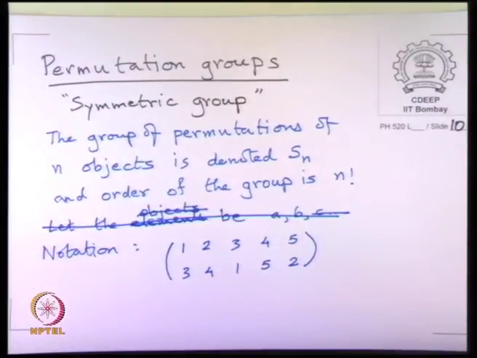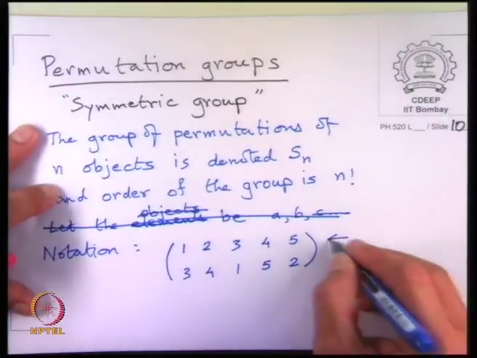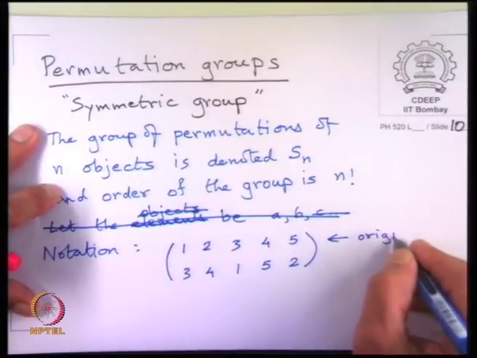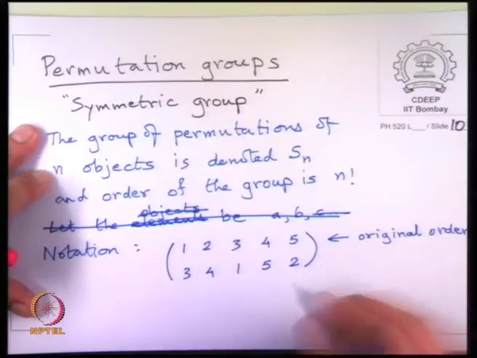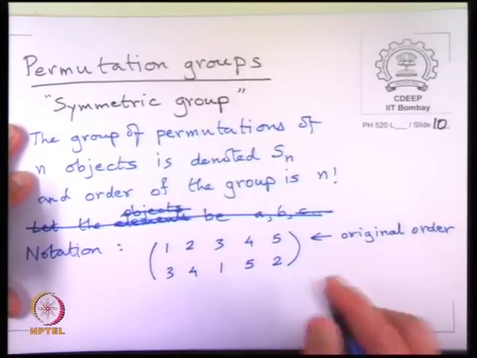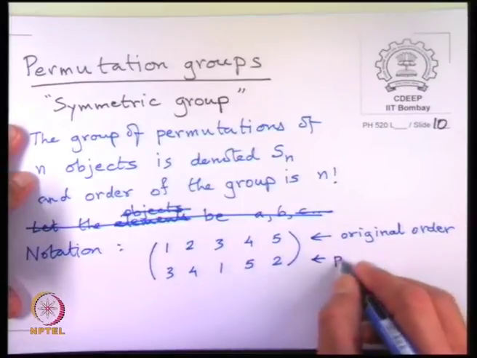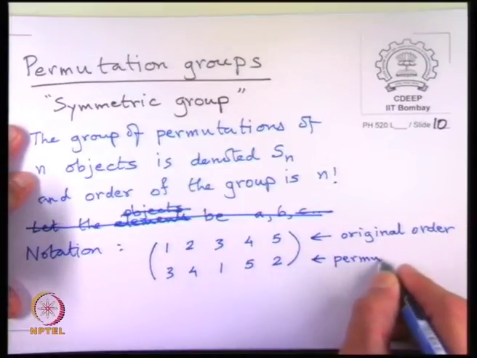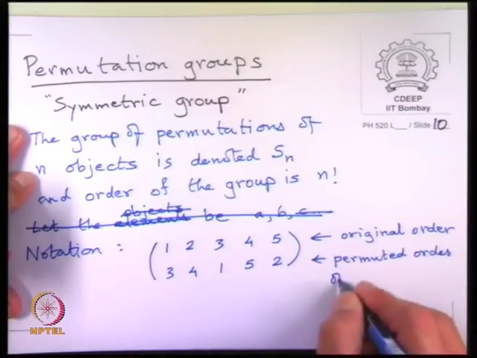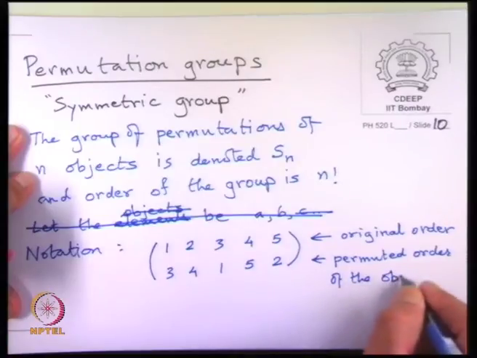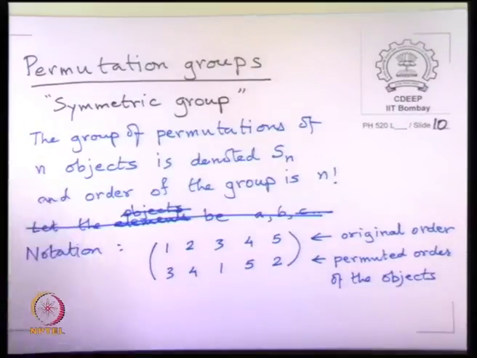This is what this represents: my original order after the permutation goes to this, of the objects. Okay. So, this is the notation we will use.